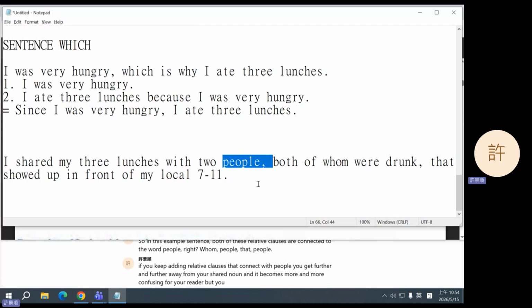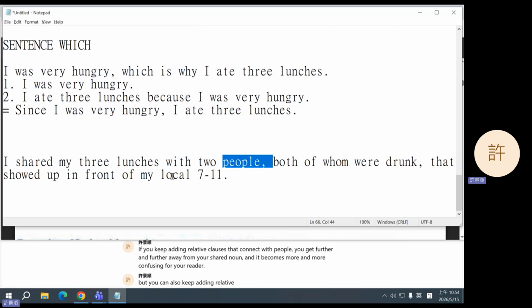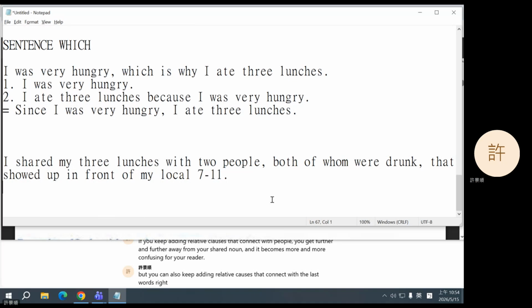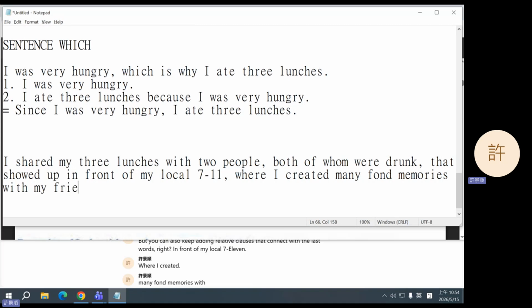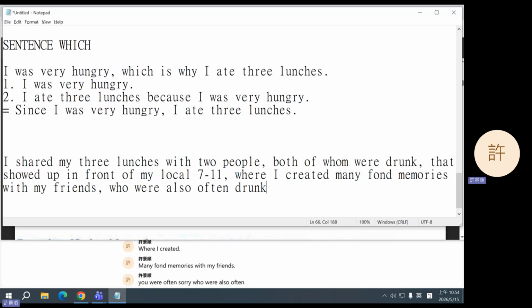But you can also keep adding relative clauses that connect with the last words, right? In front of my local 7-Eleven, where I created many fond memories with my friends who were also often drunk, which I didn't mind.